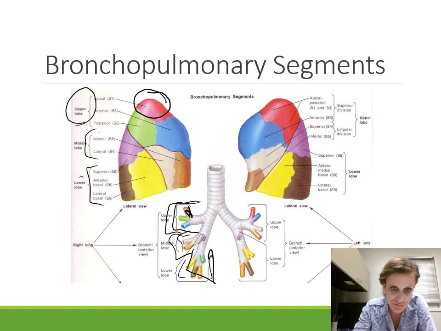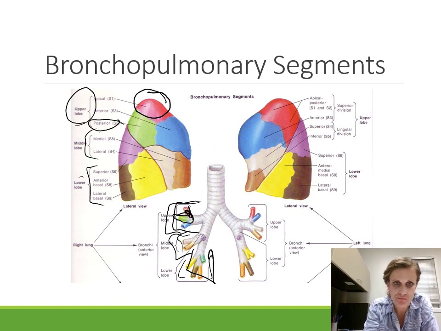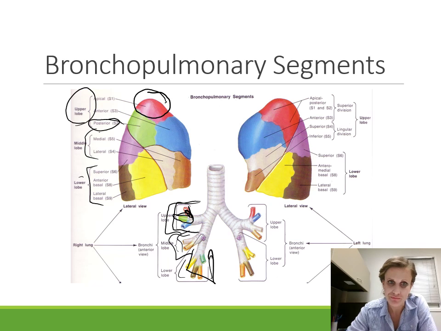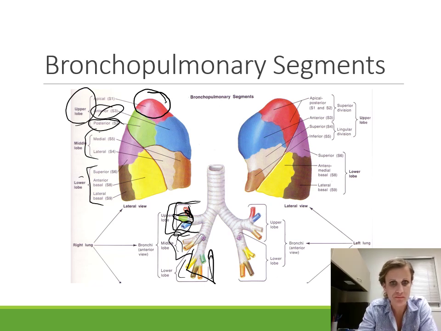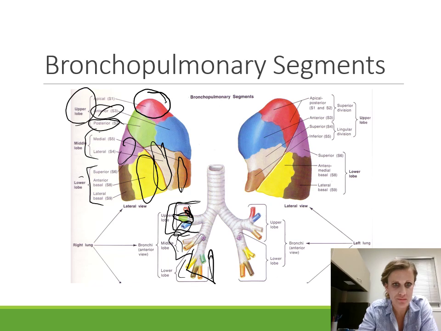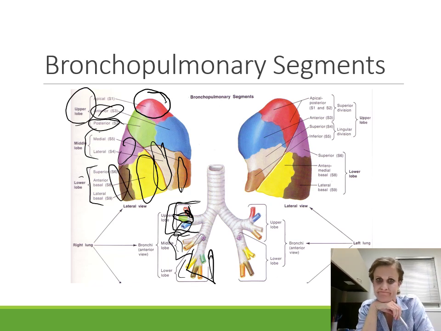You see this segmental bronchus is going to your posterior, and then the blue, this segmental bronchus is going to your anterior bronchopulmonary segment. And then medial and lateral. Okay, so medial, lateral, and then superior, anterior basal, and lateral basal. Again, you'll go through these in lab.